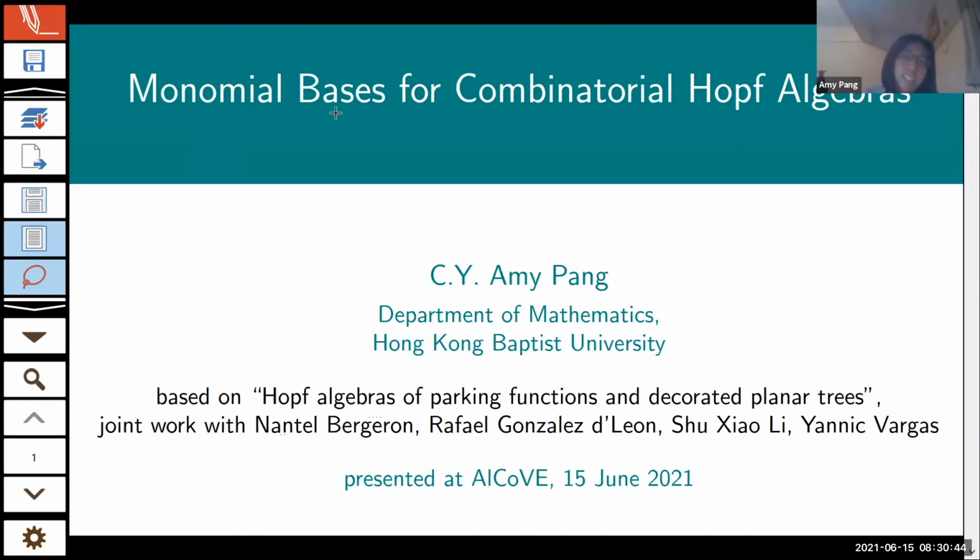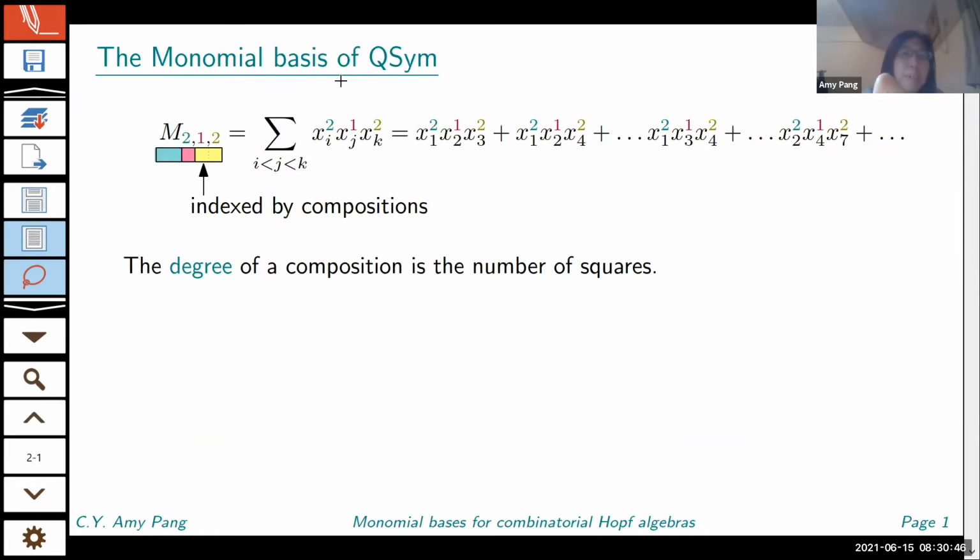Maybe I should demonstrate its properties with a well-known example of quasi-symmetric functions. So this is the monomial quasi-symmetric function, and it's indexed by compositions, which is like a list of positive integers. But I'm going to represent these as diagrams. So here, the colors in the diagrams are not part of the diagram data.